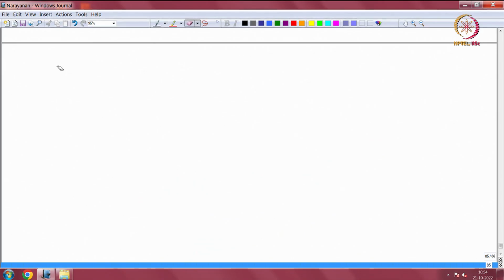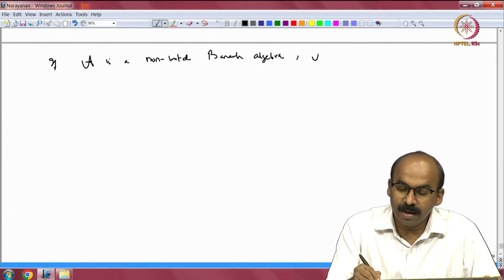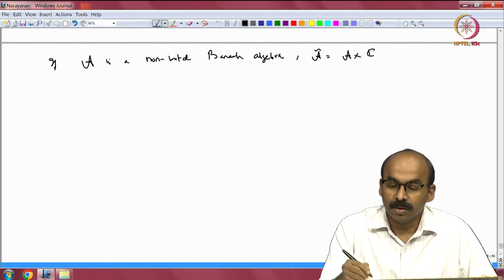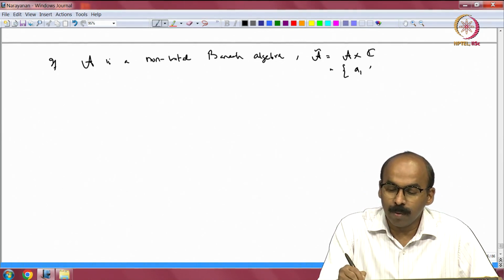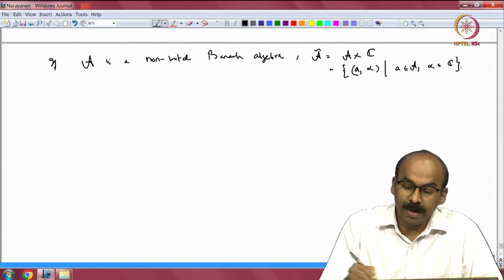So, recall that if A is a non-unital Banach algebra, we managed to put this inside a unital Banach algebra. We defined A tilde to be equal to A cross C. This was all pairs (a, alpha), where a belongs to script A and alpha belongs to C, with the natural multiplication.